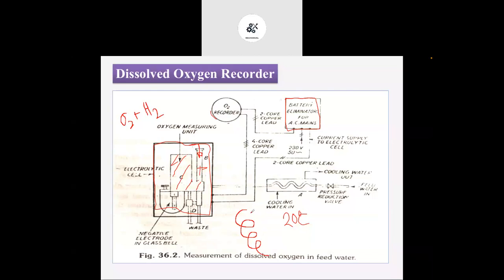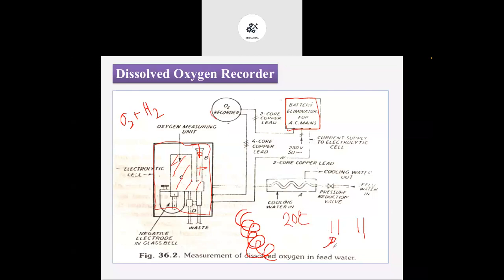After that, this mixture is passed through this oxygen measurement unit. Now, what does this catharometer contain? It contains four tubes, or strips, in spiral shape.